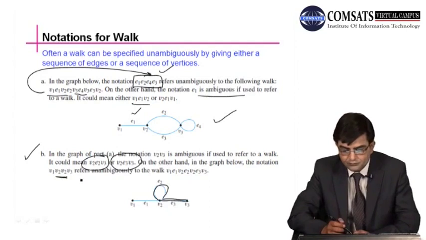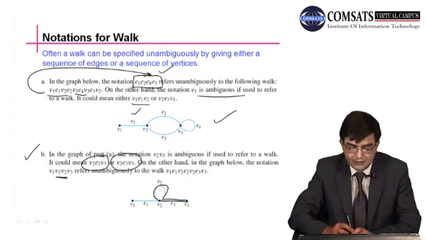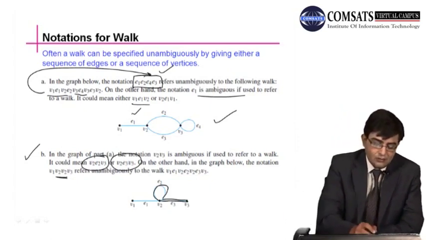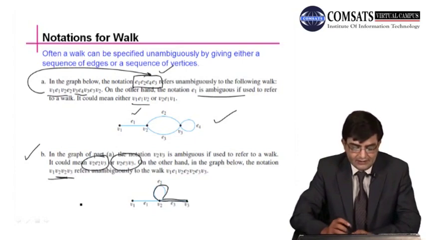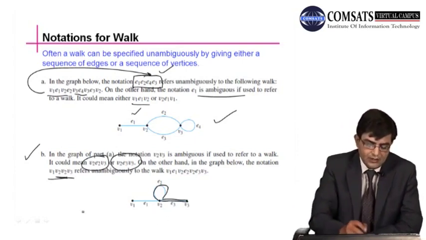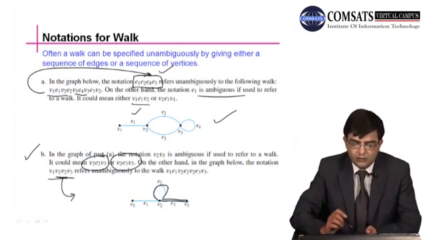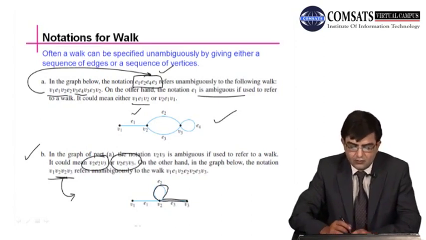There is no confusion in this notation, so we can write walks where there is no confusion by writing only the vertices like this, and where there is a loop, we repeat the vertex two times in the walk.